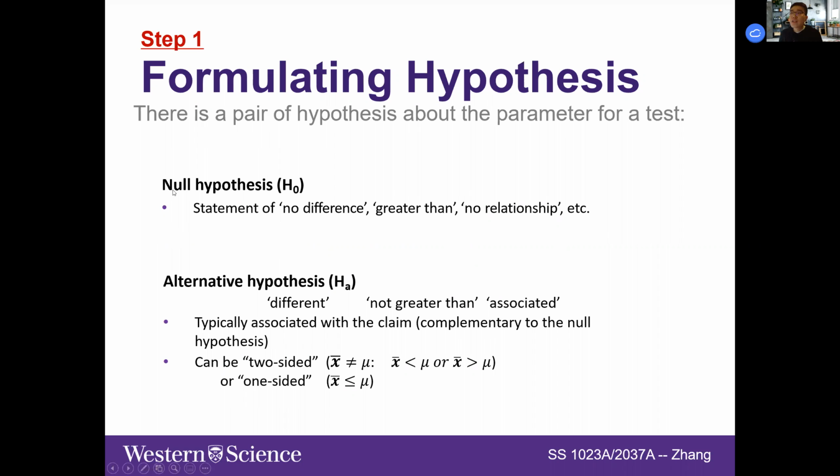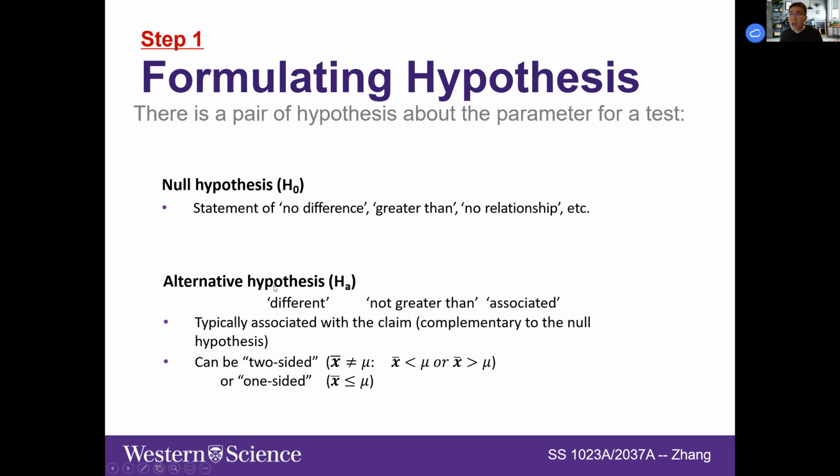So we will introduce 2 different hypotheses, the null hypothesis and the alternative hypothesis. The null hypothesis refers to the case where our original assumption is correct, and the alternative is the complementary part of our null hypothesis.